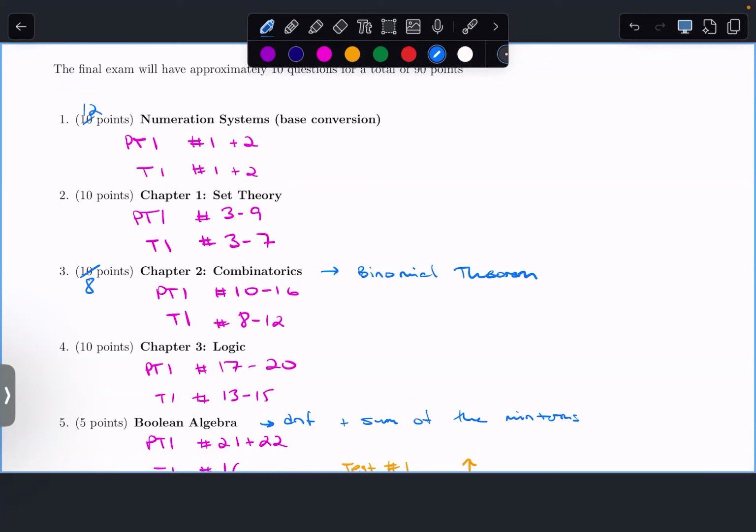Eight and 12. Could go down even more. But some of those combinatorics questions are pretty good too. Right? How many ways can you organize a committee? All right. There.